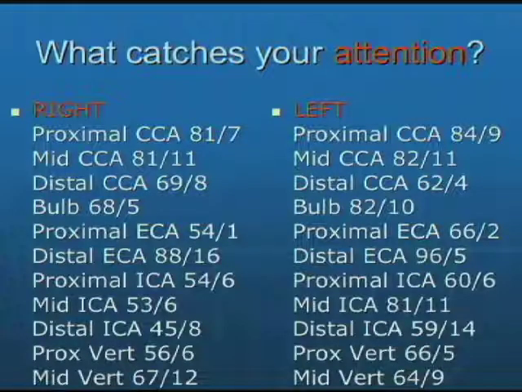Now, what catches your attention when you see these pictures? These are the values obtained on the right and on the left. And what I'm trying to point out is that the diastolic velocity is low. In other words, both sides have relatively high resistance in all the vessels.